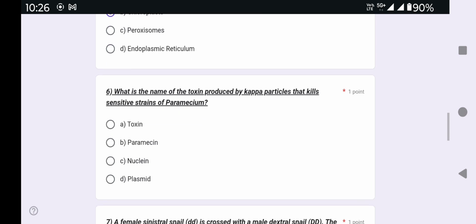Now the sixth one. What is the name of the toxin produced by kappa particles that kills sensitive strains of Paramecium? The options are A, toxin, B, paramecin, C, nuclein, and D, plasmid. The correct answer will be option B, paramecin.